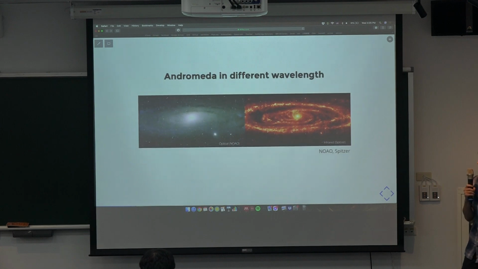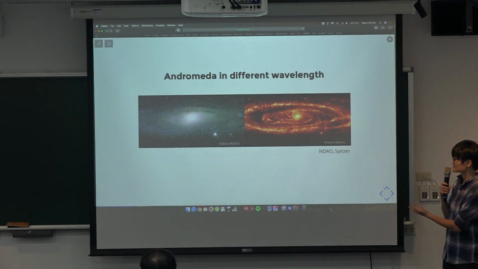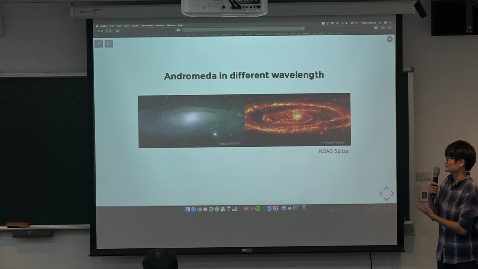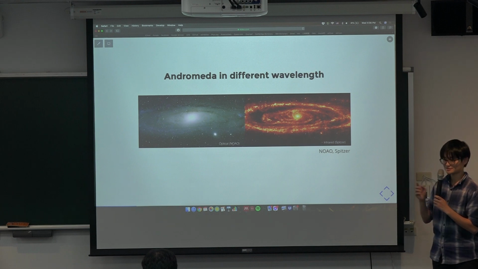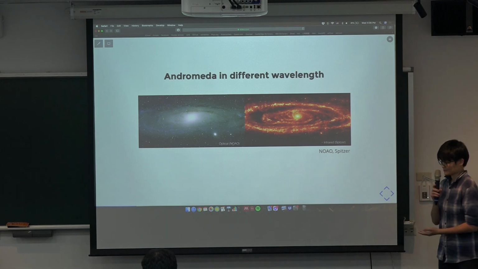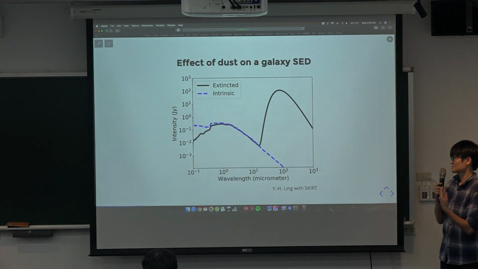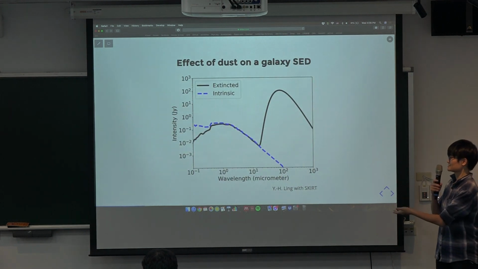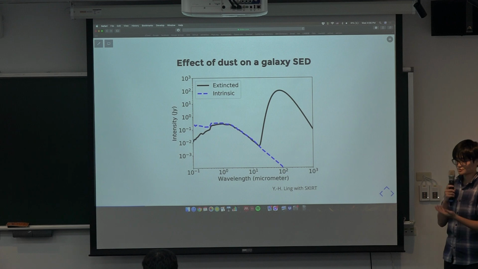And the last thing is about extinction. It will affect the galaxy SED. So this is an image of Andromeda, a nearby galaxy. It looks totally different in optical and infrared. This is just an illustration: the blue line is the intrinsic SED without any dust.